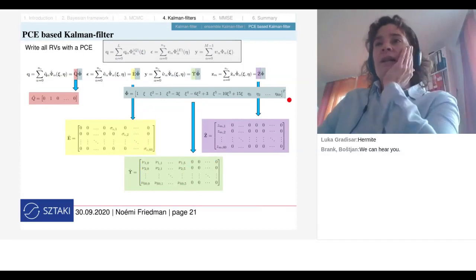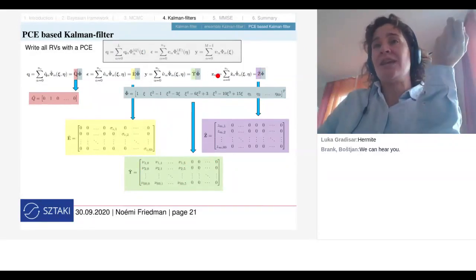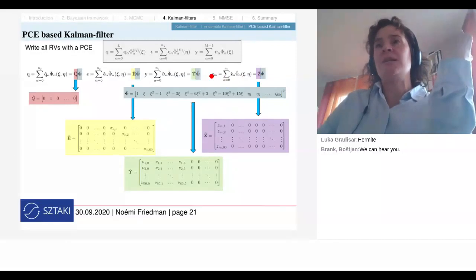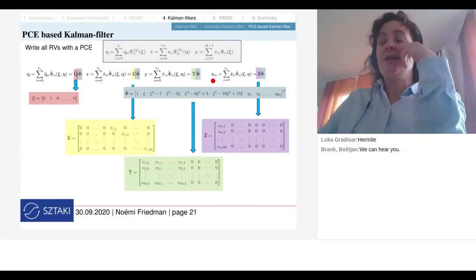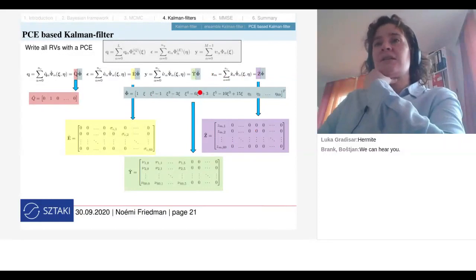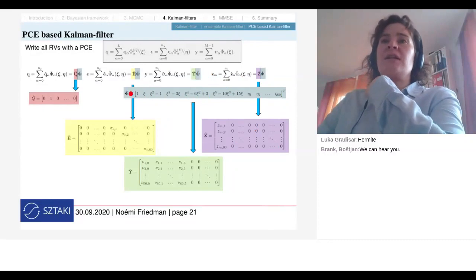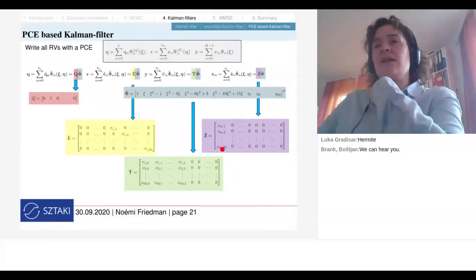And I can as well write the measurement itself with the PC form. The measurement itself, so the actual value that I'm measuring, is a deterministic value. It's not stochastic. But I could write it with this basis. All of the coefficients are 0 except the first one, because it's a deterministic thing.